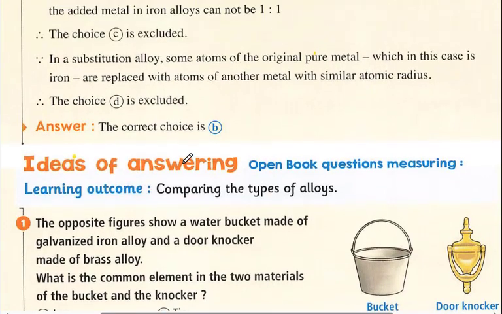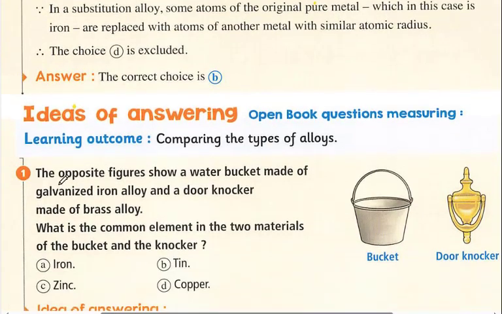Here, the opposite figure shows a water bucket made of galvanized iron. Galvanized means plating or covering metal with zinc.